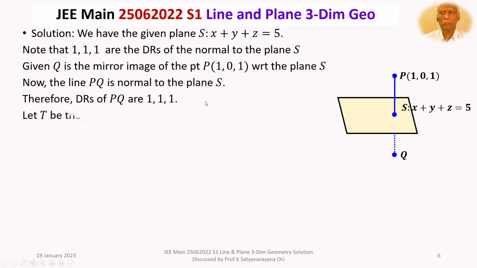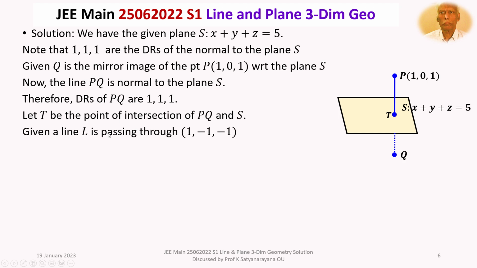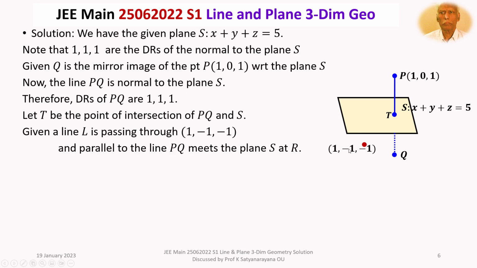Agreed. Now, let T be the point of intersection of the line PQ and the plane S. This is T. Right. Now, given a line L that is passing through a point 1, minus 1, minus 1, and parallel to this line PQ meets the plane S at some point R. So we have the point 1, minus 1, minus 1.